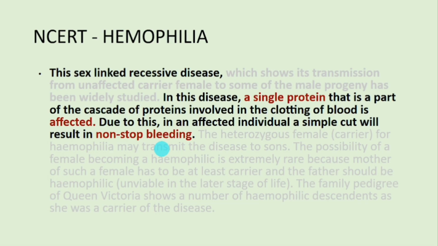So a cascade of protein, back to back, a chain reaction will happen, and these clotting factors will get activated, finally lead to formation of fibrin threads, which will form a meshwork, a net-like thing, and it will form the final clot. So since the protein is deficient, clotting will be affected. So the person will bleed. So there will be non-stop bleeding, even if there is a simple cut.